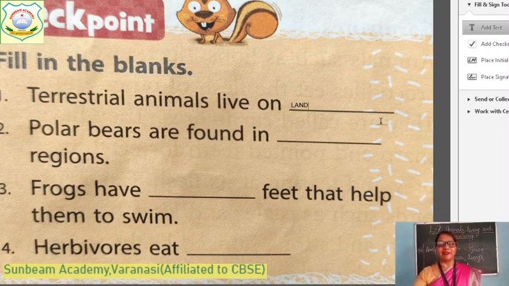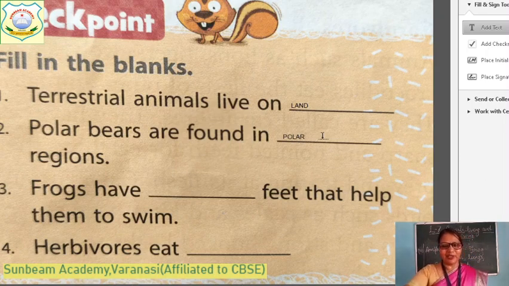Land. Terrestrial animals live on land. Come to the next one. Polar bears are found in कहाँ पे पाए जाते हैं? In polar regions.